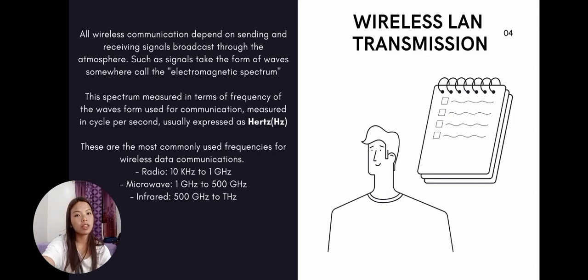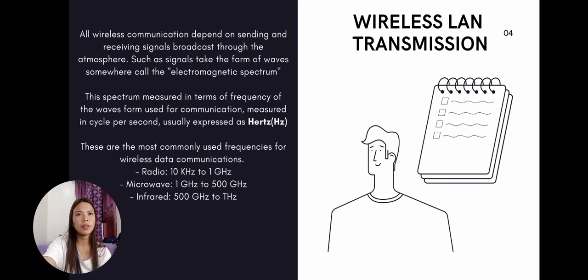This spectrum is measured in terms of the frequency of the waves used for communication, measured in cycles per second, usually expressed as hertz. In wireless communication, frequency affects the amount and speed of data transmission. Wireless transmission dictates that lower frequency transmission can carry less data more slowly over longer distances, while higher frequency transmission can carry more data faster over shorter distances.